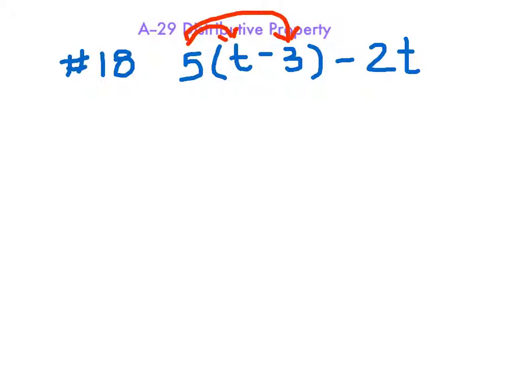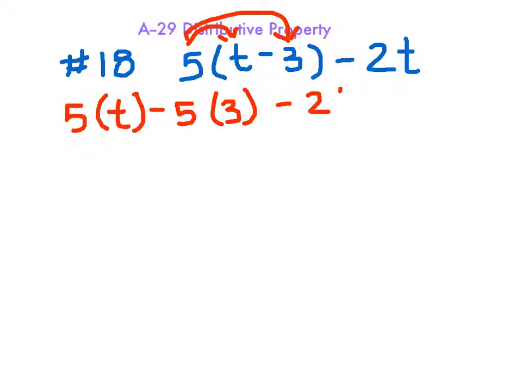So once again, guys, that's going to give me, if I'm not comfortable with that minus sign, I can either say that this is 5 times t minus 5 times 3, in which case, minus 2t, in which case this gives me 5t minus 15 minus 2t.